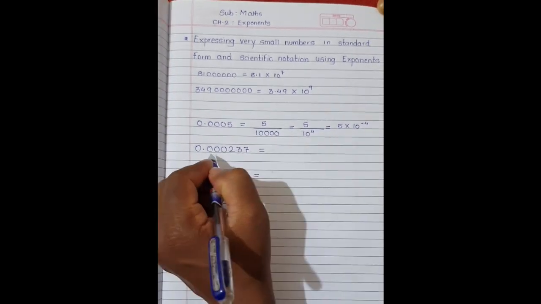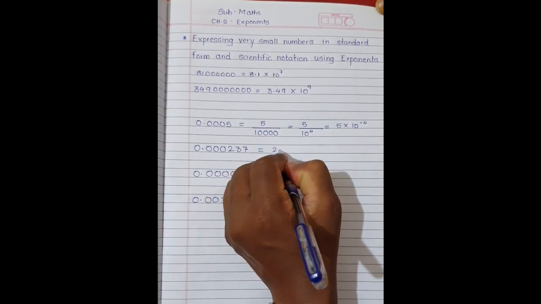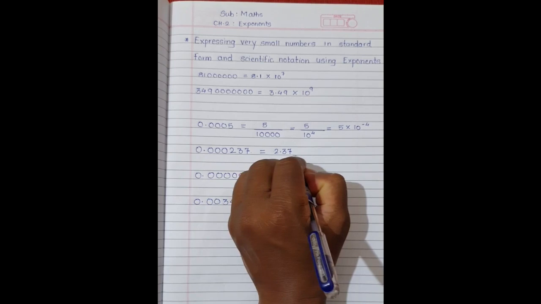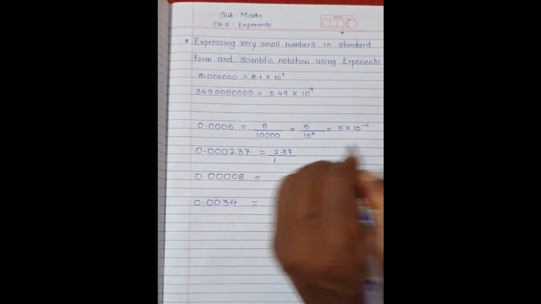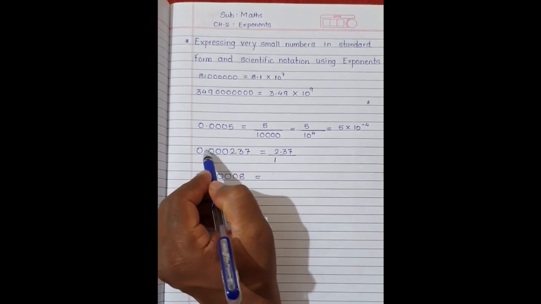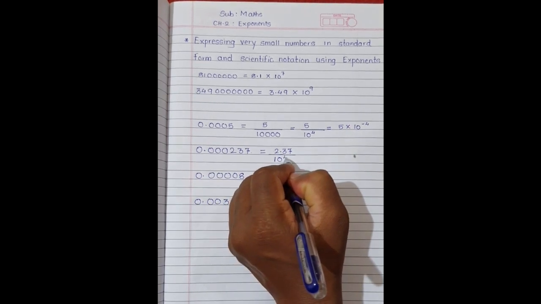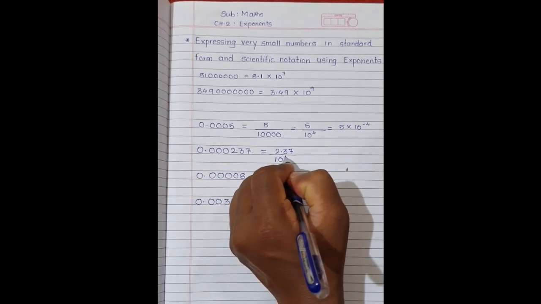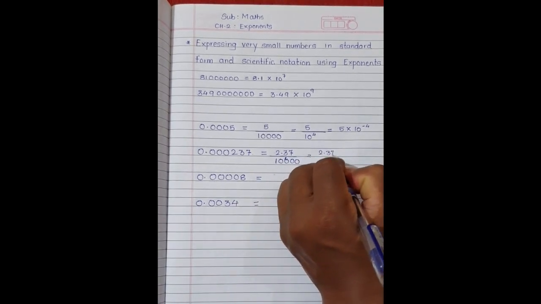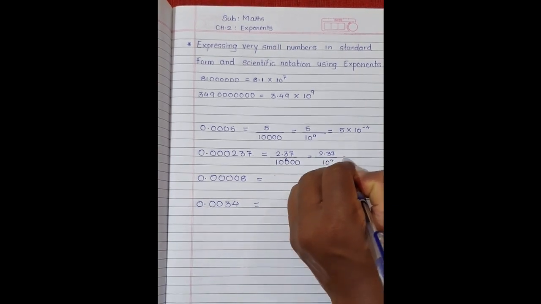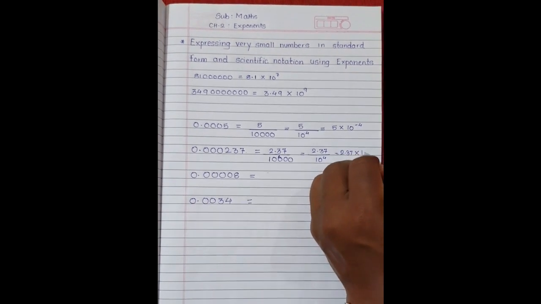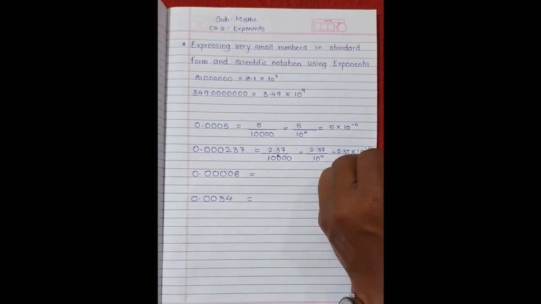Let us do it like that: 2.37 upon 1. Now how many places have we shifted towards the right? 4 places, 1, 2, 3, 4. That's why after 1 there are 4 zeros. That means 2.37 upon 10 raised to 4. Now let us bring this 10 raised to 4 into the numerator: 2.37 into 10 raised to minus 4. Understood?